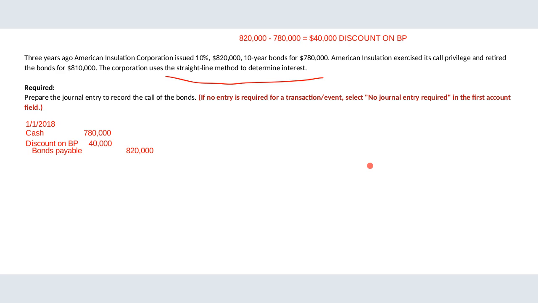Right? And we're saying that the discount is going to be amortized using straight line.